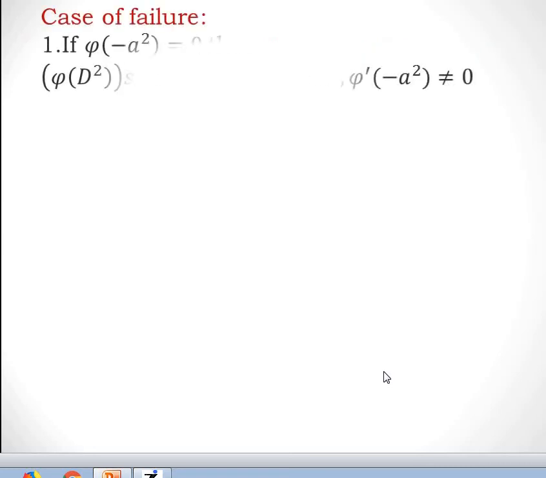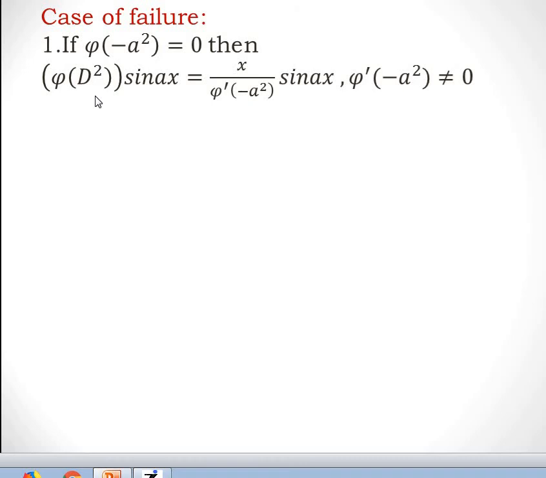So now if the case fails, if φ of −a² equals 0, then 1 upon φ of D² sin of ax equals x upon φ dash of −a² sin of ax, and φ dash of −a² is not equal to 0. As we did in the first case, the same we have to do here.